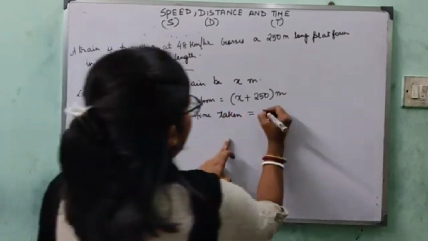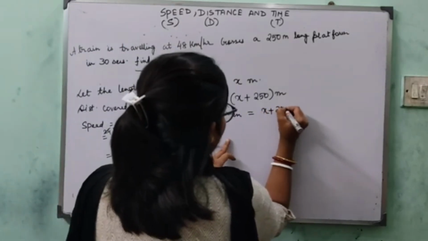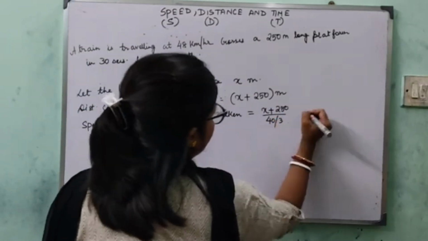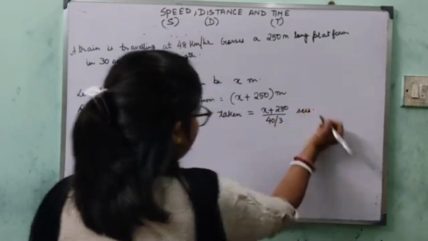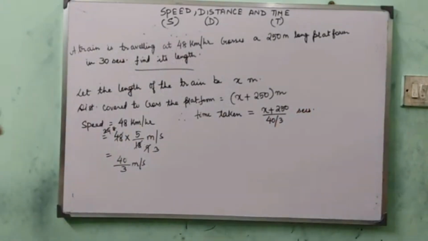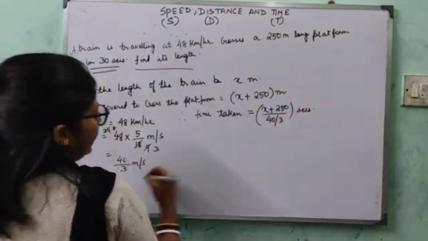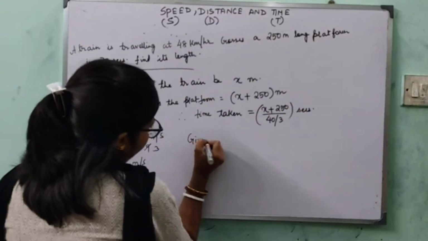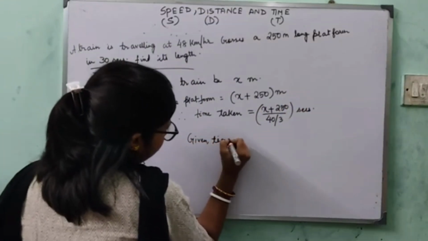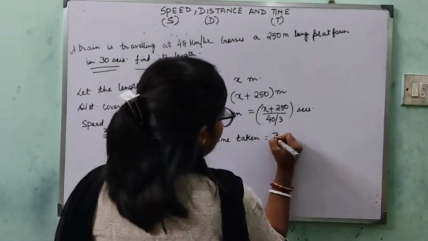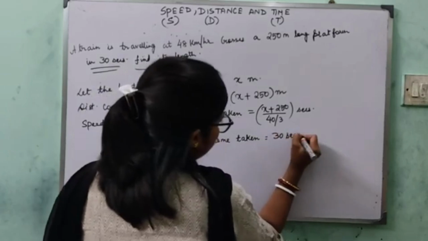Accordingly, it should be (x + 250) by 40 by 3 seconds, that is the time taken. Now we have been given the time taken also. What is the given time taken? That is your 30 seconds.